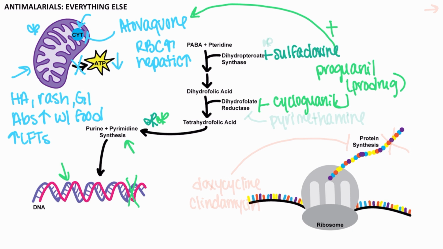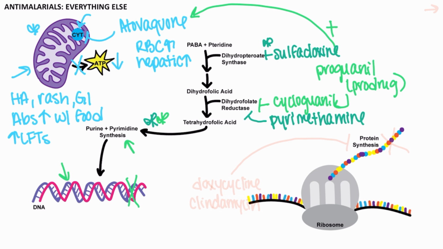And down here, instead of trimethoprim, we have pyrimethamine. Where our sulfadoxine is now up here hitting this first target at dihydropteroate synthase, and then we get that second hit in this pathway with pyrimethamine targeting that dihydrofolate reductase.